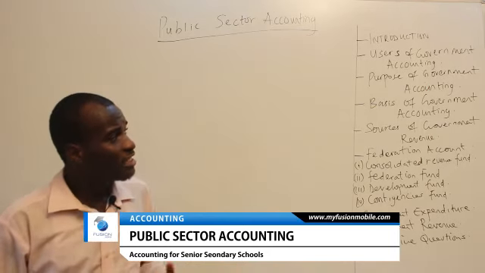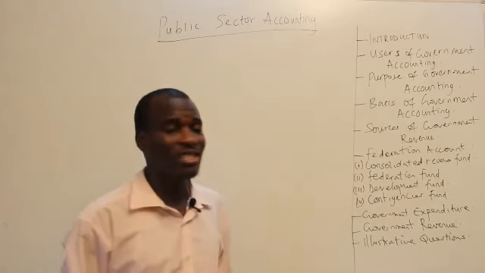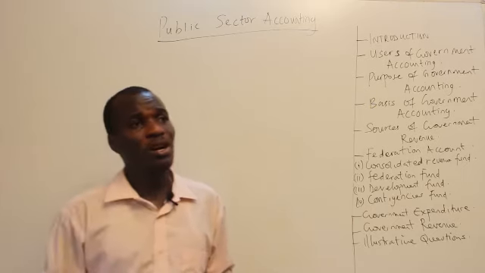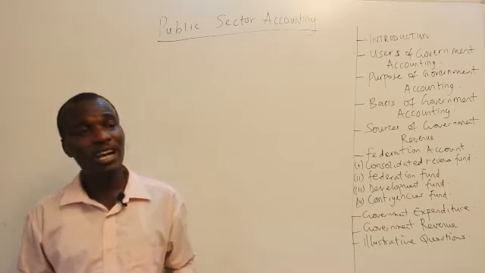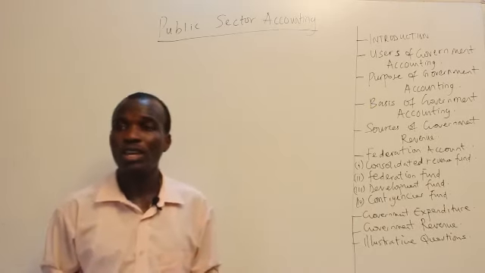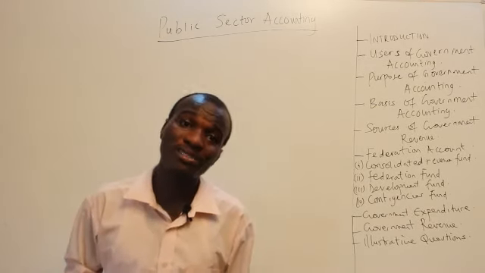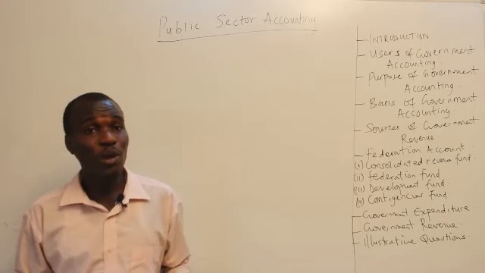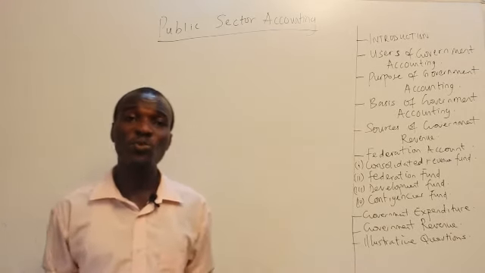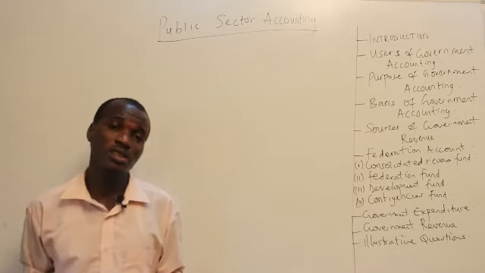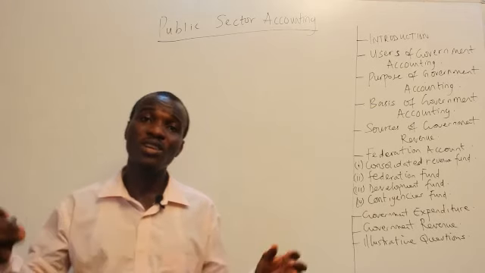And again, the difference can also come in this form, that in government accounting, an asset that is bought within a particular period of time is usually written off in the period in which it is bought.